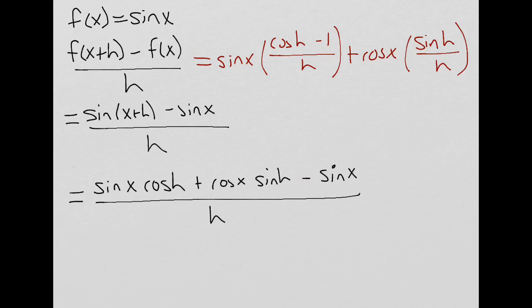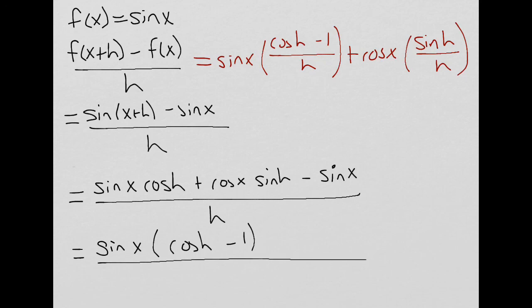So if I bring those together, I can factor that out: sine x times cosine of h minus 1, all over h, plus cosine x sine h.